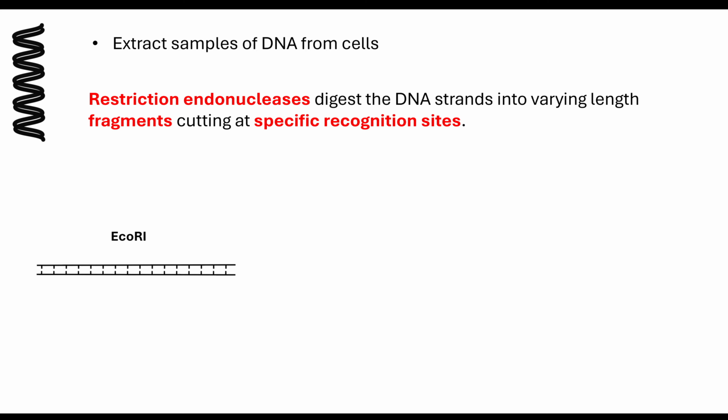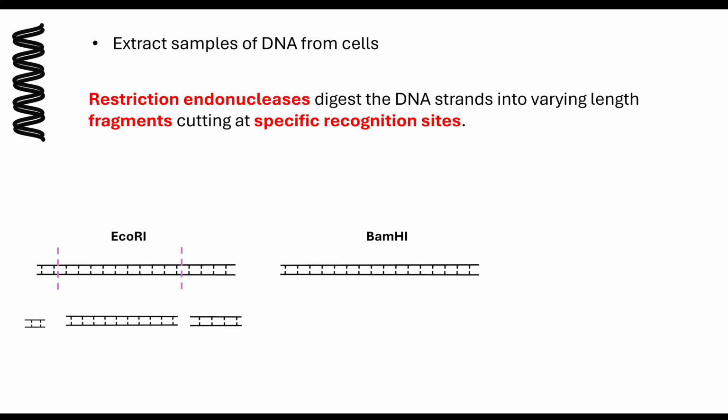So you can use different types of restriction endonuclease. So if I use the EcoRI, what's going to happen is that will look for recognition sites and that will cut wherever it sees them. So this would therefore produce 3 fragments in my DNA strand. If I used a different restriction endonuclease, that would cut at a specific recognition site. That would therefore leave me with 2 fragments.